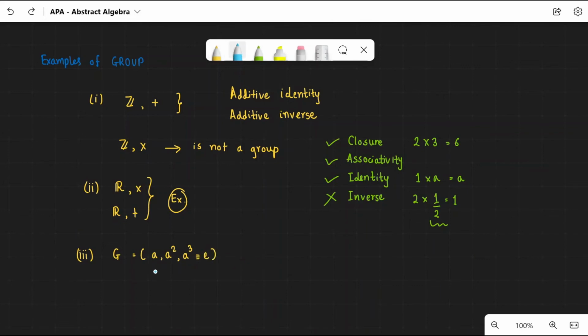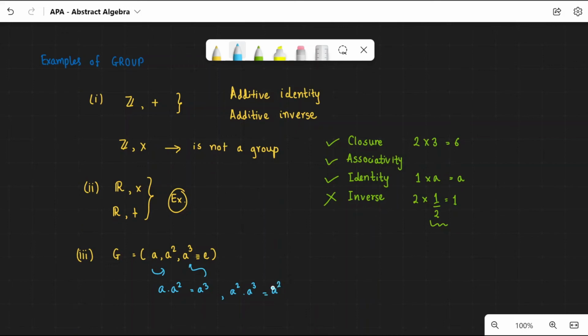So you can see if you multiply any two elements like a times a squared, we get a cubed, and it belongs to this set. Okay, then if we multiply a squared with a cubed, as we have already defined it to be identity, we get back a squared.